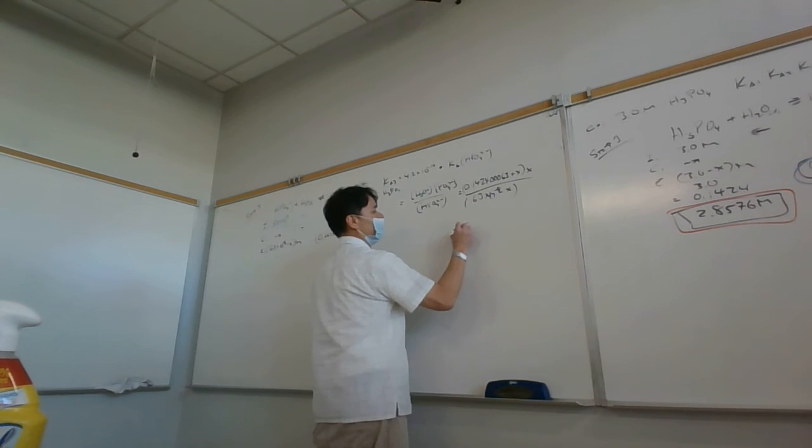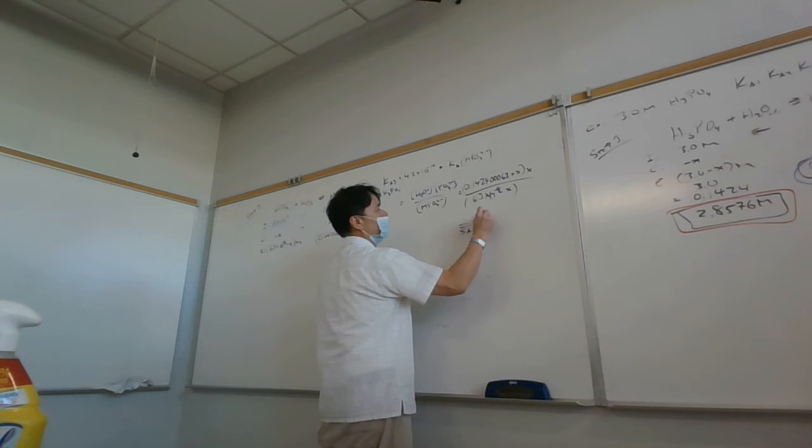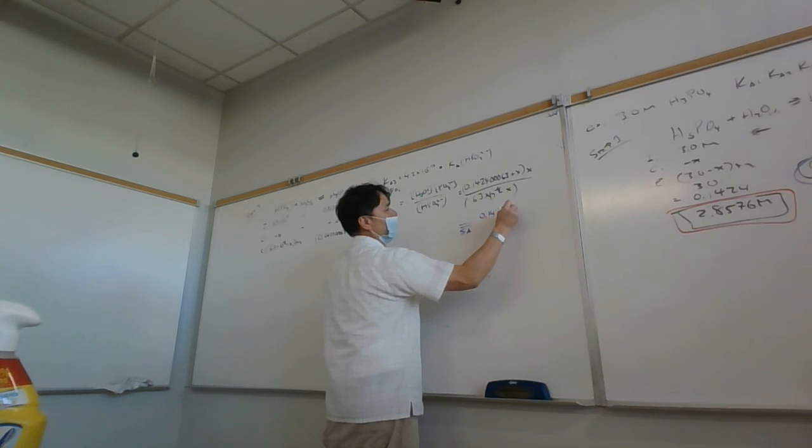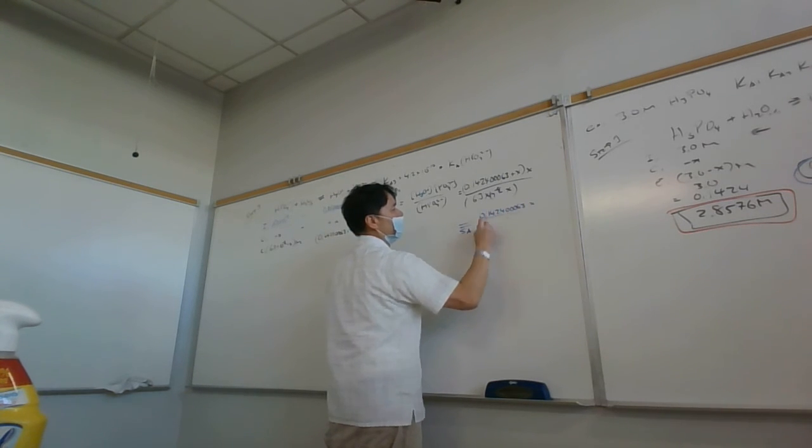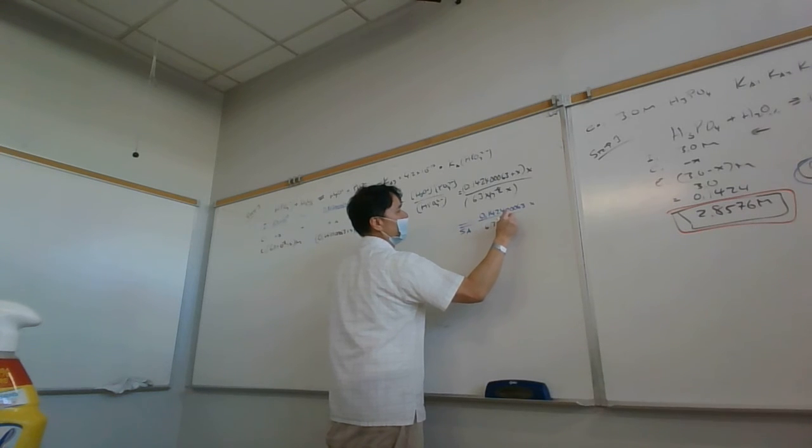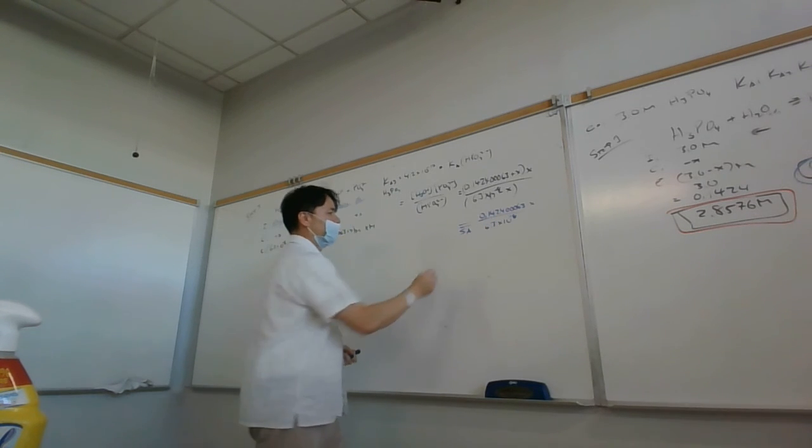So if I try for both, do the simplifying assumption, I'm going to get 0.14240063x divided by 6.3 times 10 to the minus 8, and solve for x.